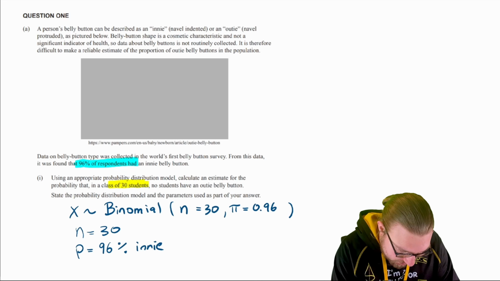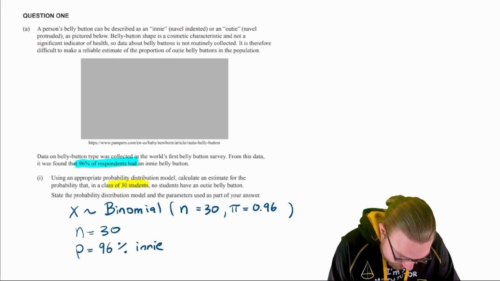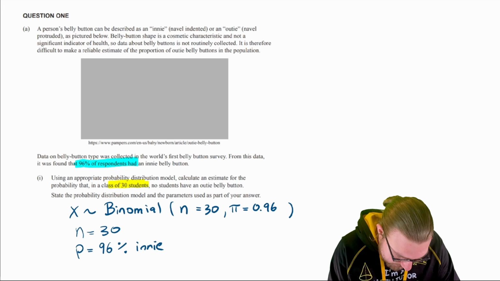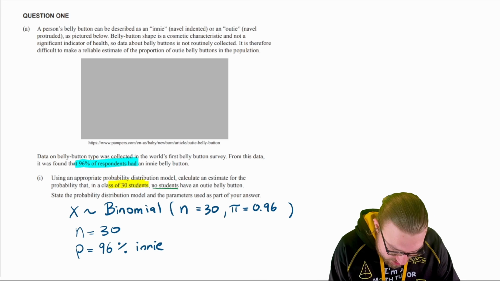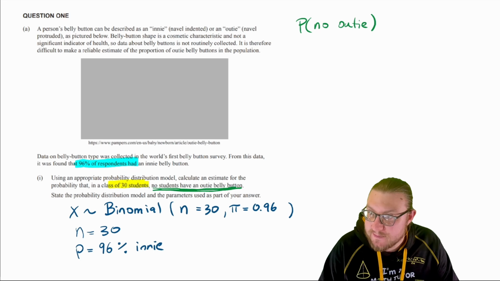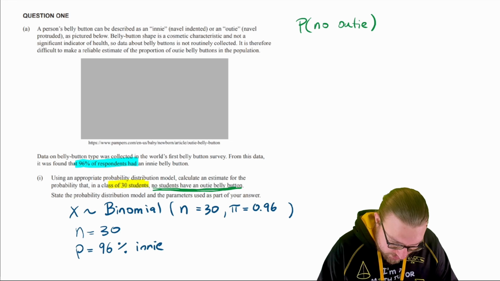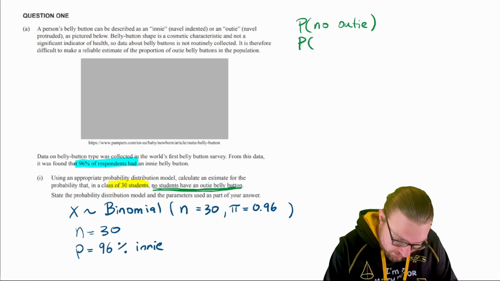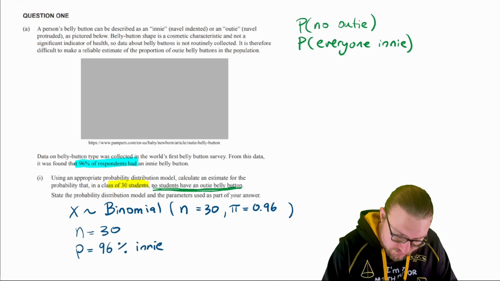Now let's have a look at what the question actually wants from us. So the question wants the probability that in a class of 30, no students have an outie. So this is what we actually want. So we want the probability of no outie. So what does that mean? That means that everyone has an innie, right?